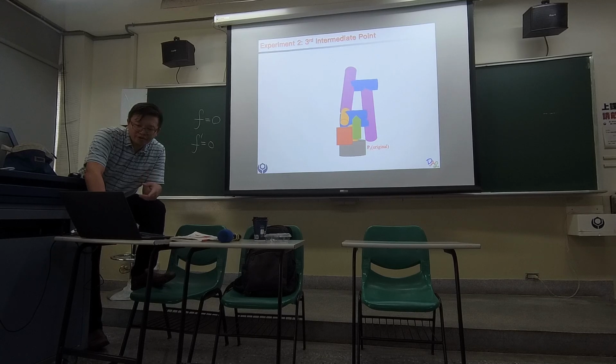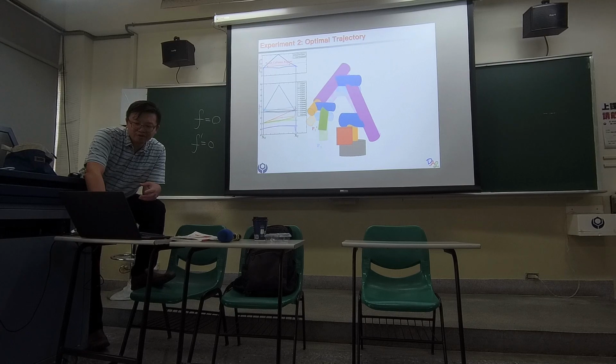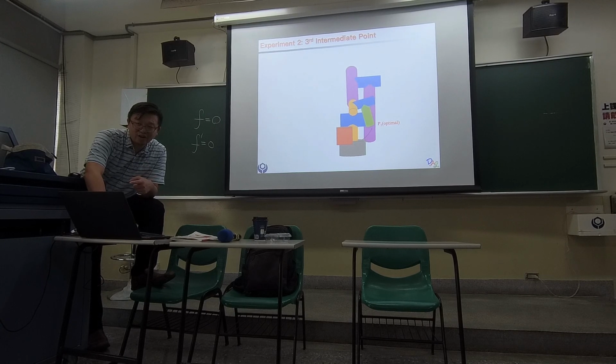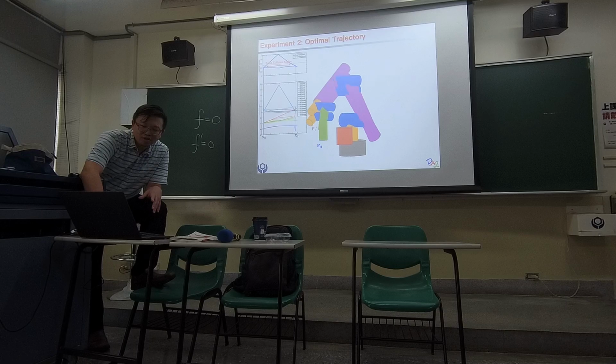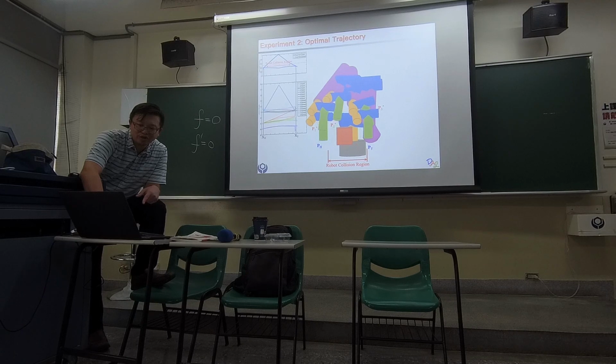Third configuration, first iteration. Oh, that was nothing else. So the third configuration finds the optimal more quickly. So overall, it's moving like this. Combined together, this is the original trajectory, this is a newer trajectory.